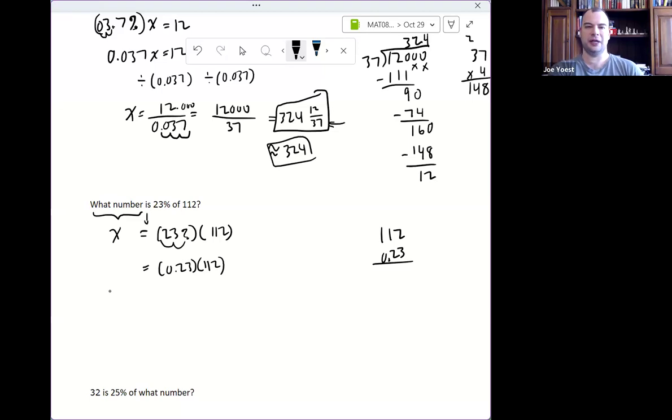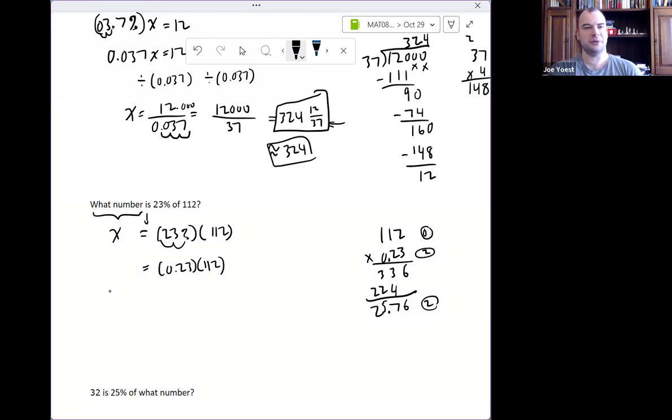And if I carry out this multiplication, remember when I'm multiplying by decimals, I basically ignore the decimal for most of the computation and then just put it back in at the end. 3 times 2 is 6, 3 times 1 is 3, 3 times 1 is 3, 2 times 2 is 4, 2 times 1 is 2, 2 times 1 is 2. And then I add down, so I get 2576. I have 0 decimal places in 112, 2 in 0.23. I need to have 2 decimal places in my answer, 25.76.